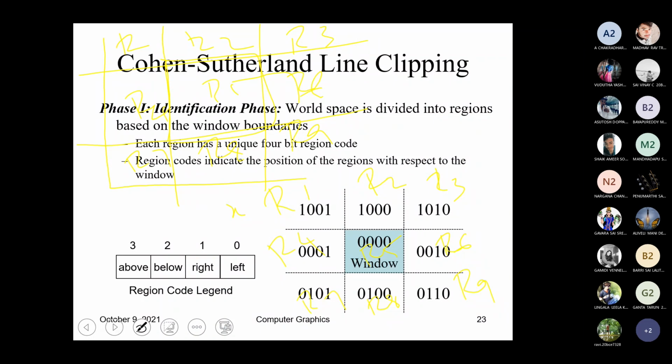World coordinate scene. Okay. So again here we have to mention some bit values. Each region, I told you, first of all we are categorizing the line based on these 9 regions. All 9 regions are assigned a code. So you can see here there is a code. This is 0, inside the window. This is the window, right? So we will be mentioning 0000 and 0001, 0010. This is 0, 1, 2.